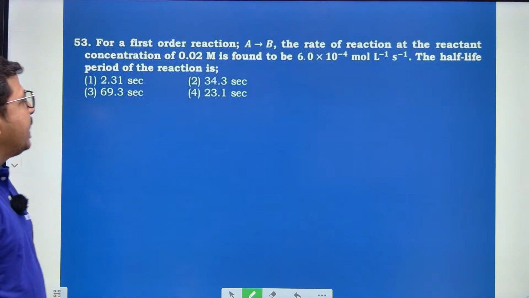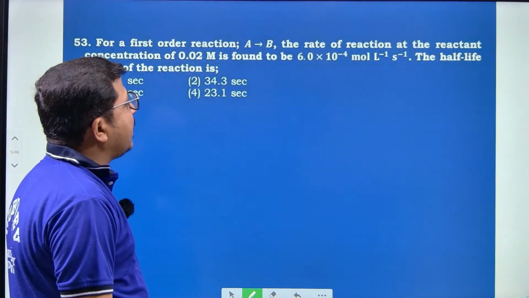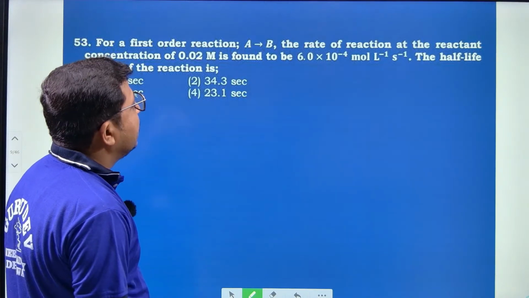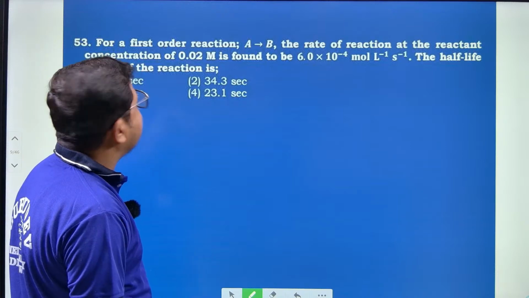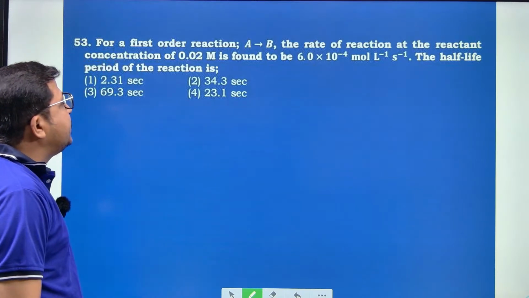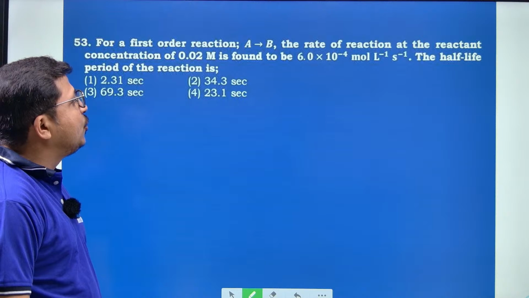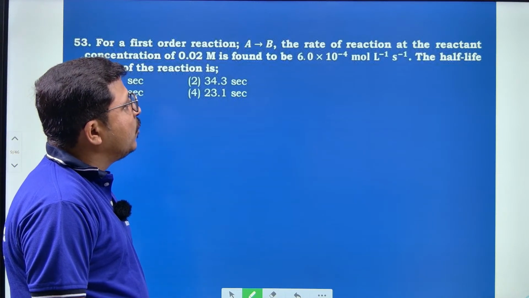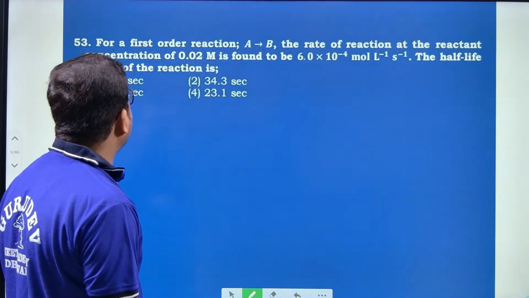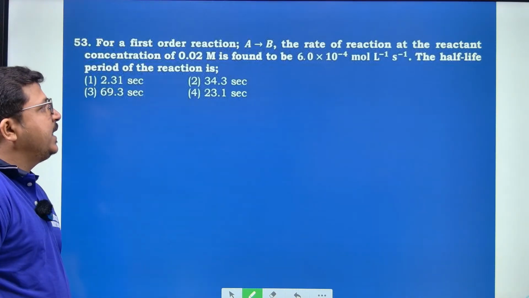For the first order reaction, A gives rise to B. The rate of the reaction at a reactant concentration of 0.02 molar is found to be 6 into 10 to the power minus 4 moles per liter per second. The half-life period of the reaction is asked.